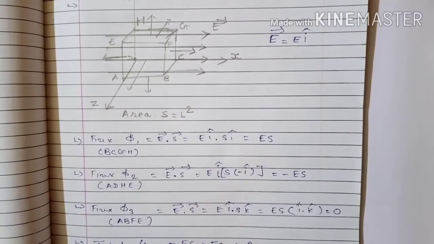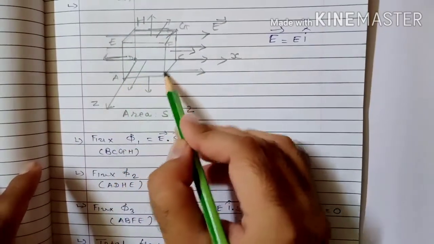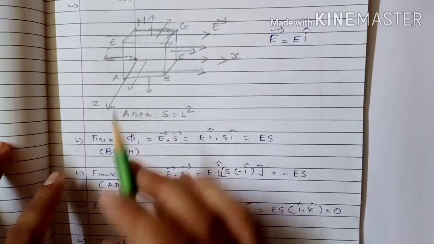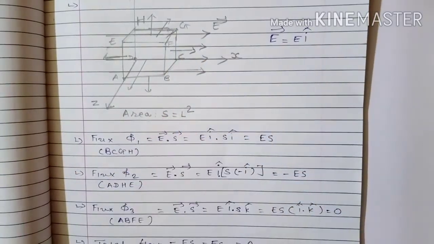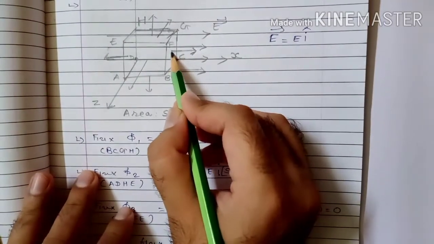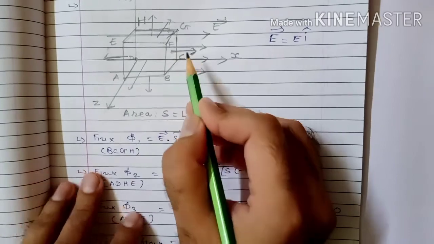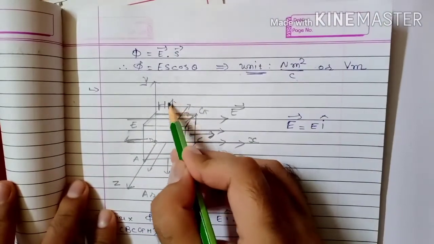And when we consider closed surface, as I told you, this ambiguity will be resolved. For closed surface, area vector is always normally outward. So for this surface, area vector is in this direction. For this face, area vector is in upward direction.